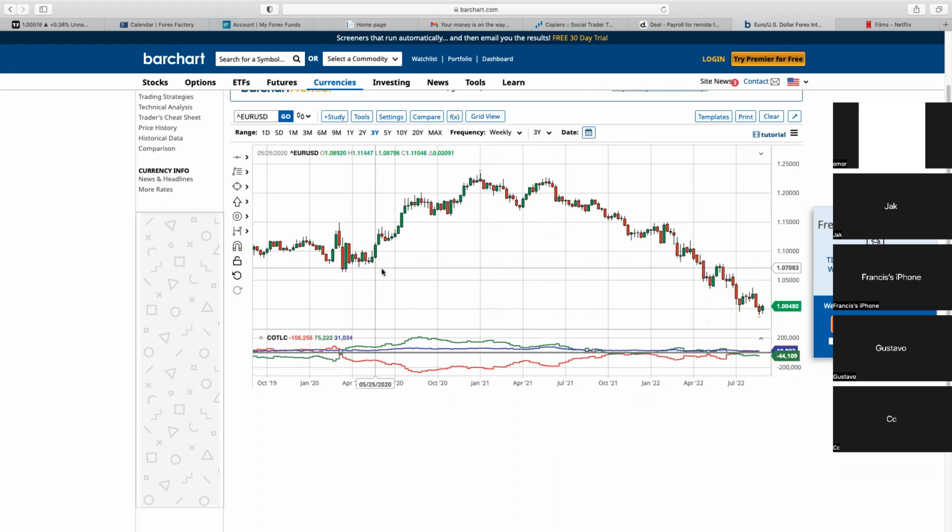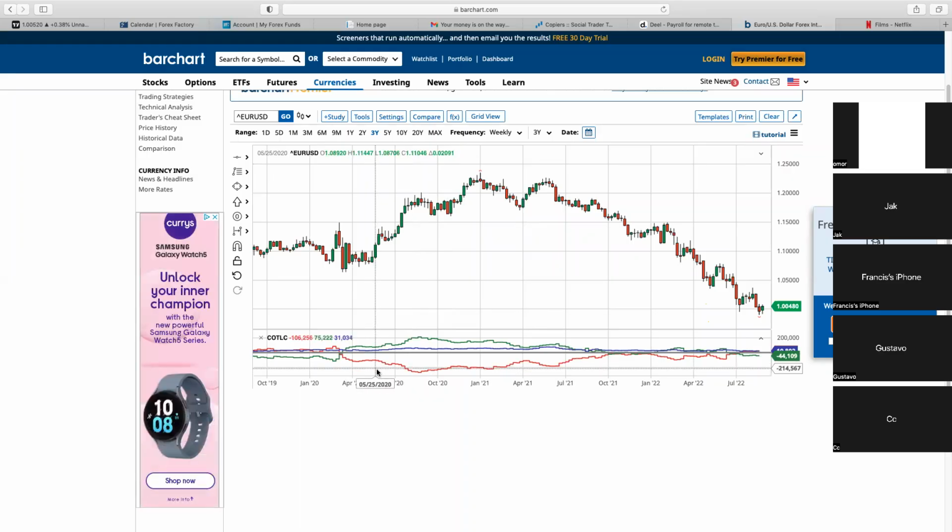You see in this upwards move here, what are they doing within this whole entire upward move? Are they placing long positions or short positions? Short positions. Now let's add some more context to this, because this is where people don't apply sound logic to it.